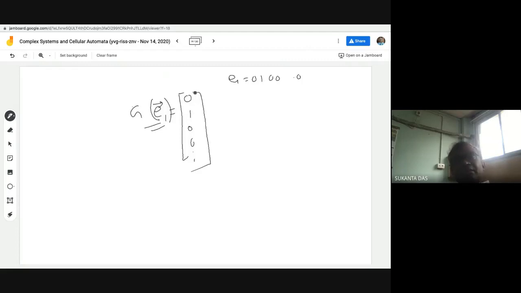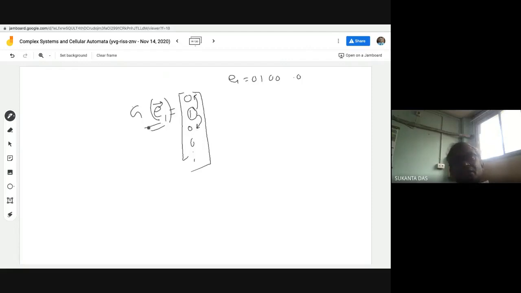Only this one will affect this cell or that cell, because we are assuming a thing about CA, right? It depends on the left neighbor as well as the right neighbor only.